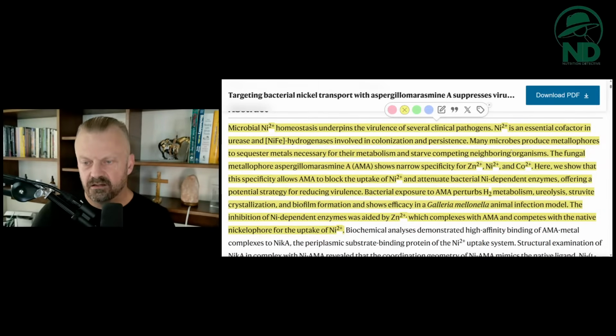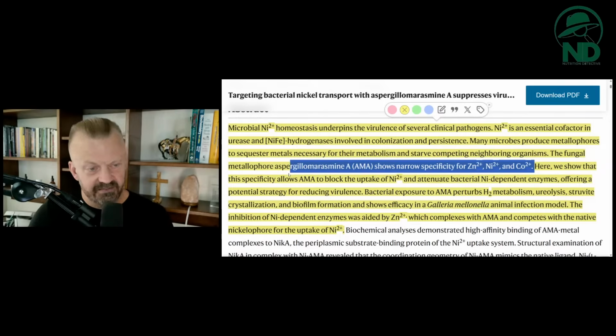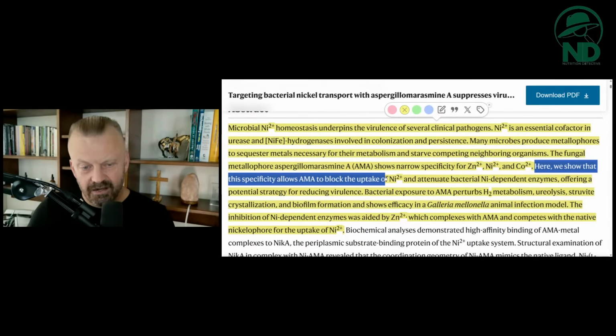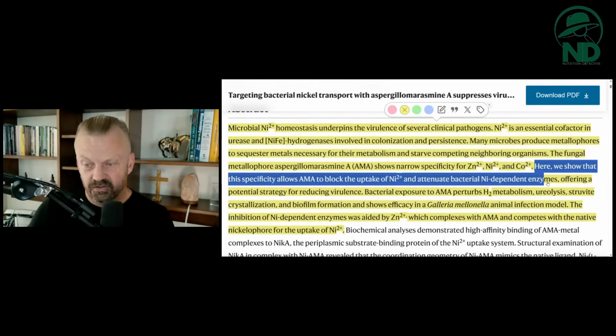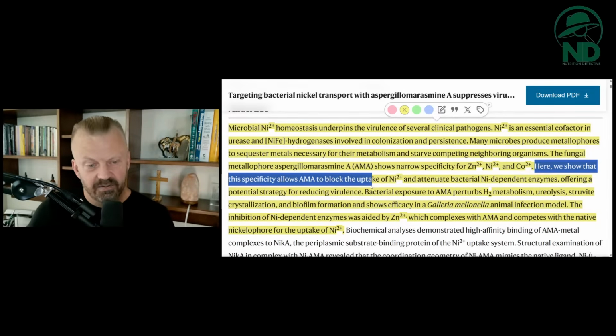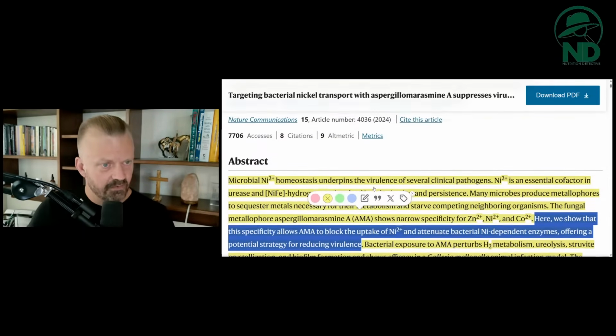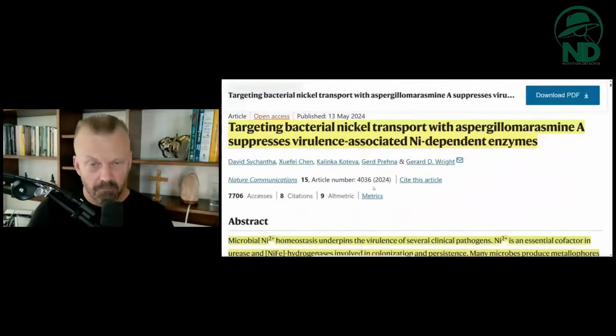Here we show that this specificity allows this metallophore, this binding thing, to block the uptake of nickel and attenuate or reduce bacterial nickel-dependent enzymes, offering a potential strategy for reducing virulence, or the damage that this fungus, this mold, can do.